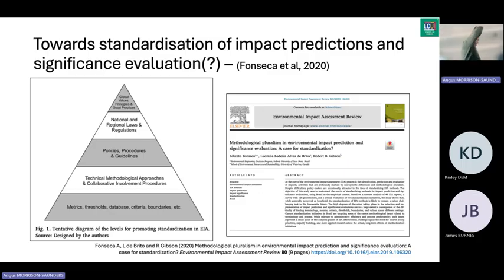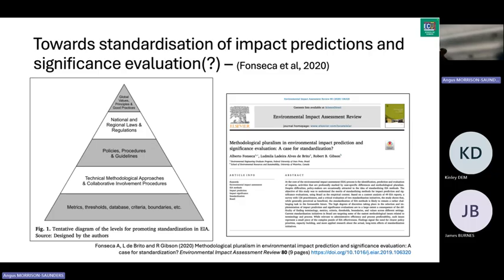What we do know is that, as with most things in EIA, there's a lot of variation in different parts of the world and different sectors. And so these authors here, Fonseca et al., in 2020, they said, why can't we standardize the way we do impact predictions and the way we evaluate significance?